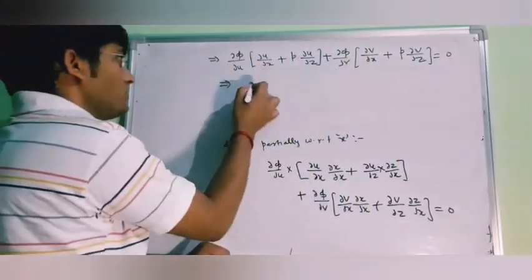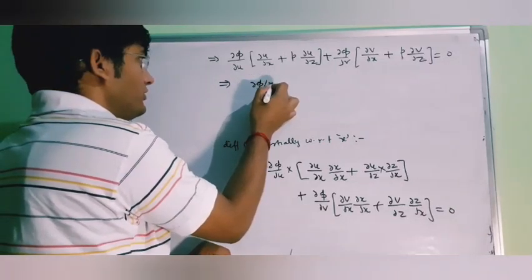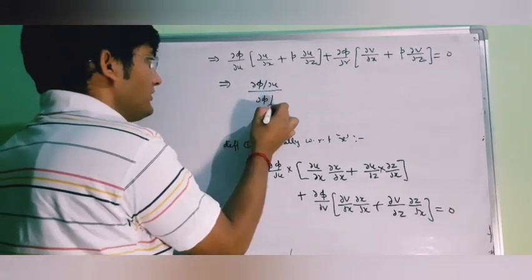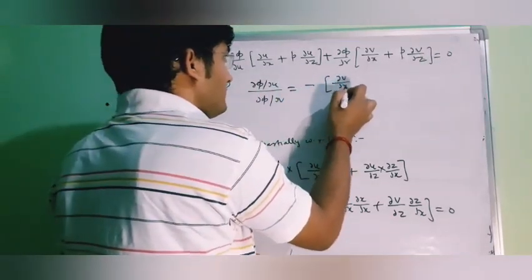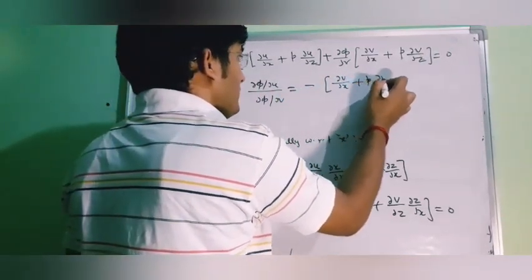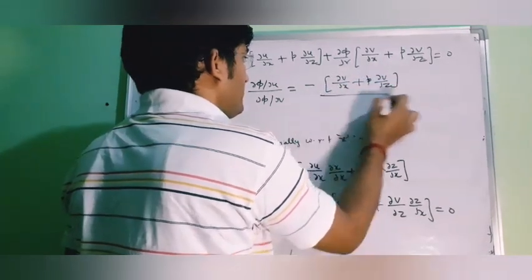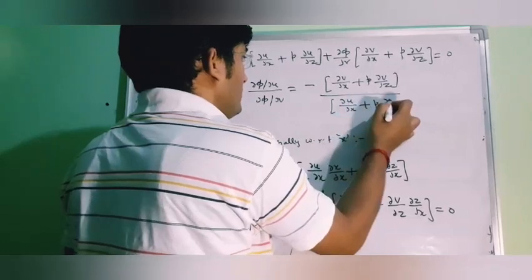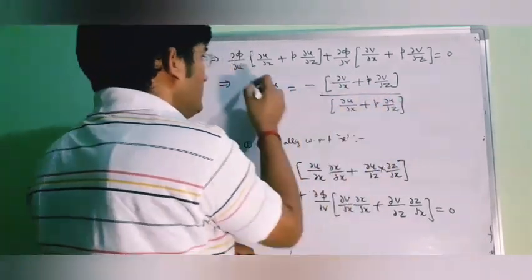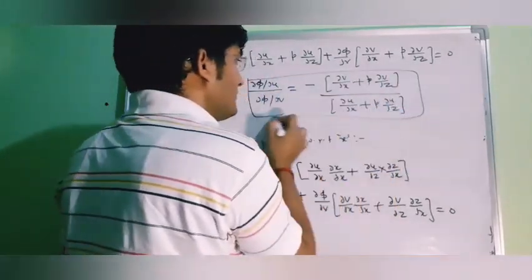So from this equation we will get the ratio ∂φ/∂u upon ∂φ/∂v, and this is equal to ∂v/∂x plus p times ∂v/∂z divided by ∂u/∂x plus p times ∂u/∂z. So this is equation number 1. Say it is equation number 2.